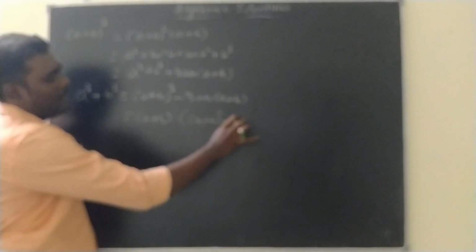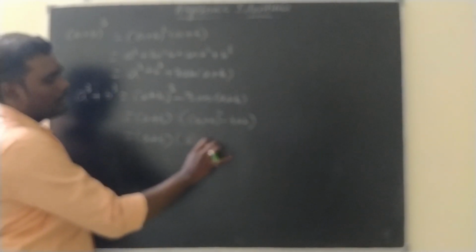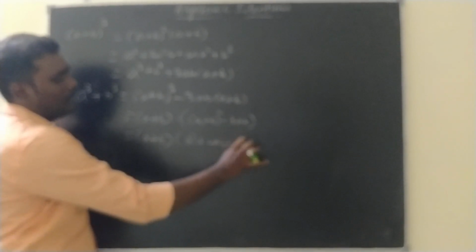The other way around, we can take (a + b) out. If you take (a + b) as common, then you may have (a + b)² minus 3ab. Then what you will have? (a + b) into a² + 2ab + b² minus 3ab.